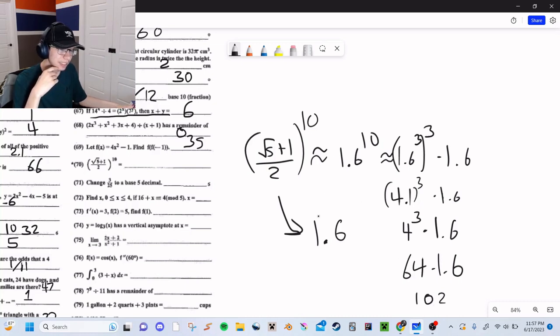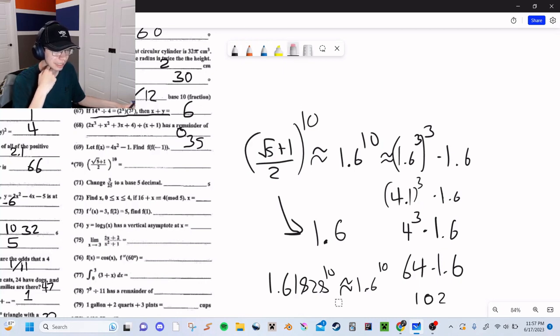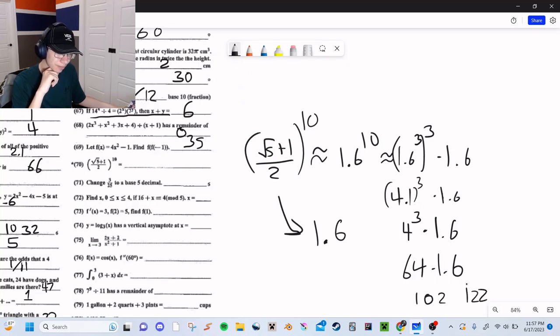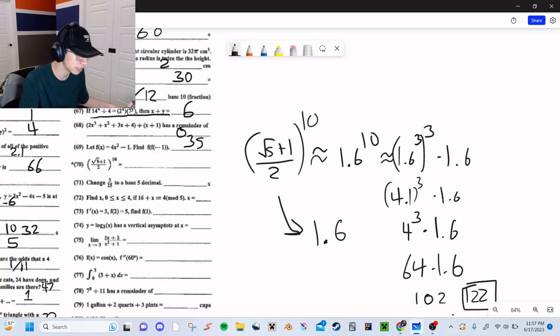Because I simplified this, instead of being 1.61828 to the 10th, I said it was 1.6 to the 10th. And even though that's only a little bit of rounding, because we're raising it to the power of 10, that's a lot. And so I'd probably add maybe 20? Okay, well, let's see what the range is.